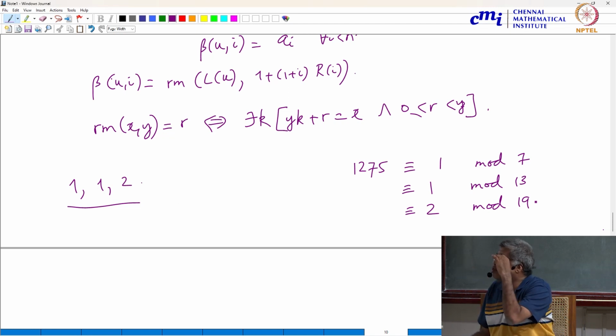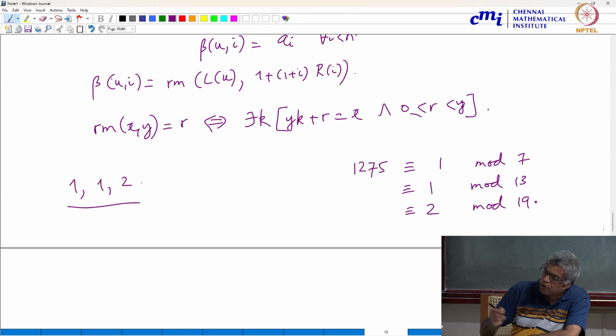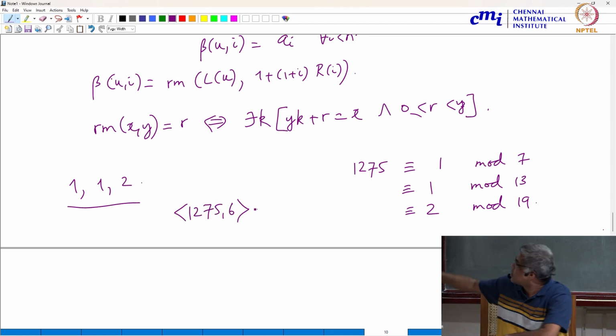It is not a unique u. You can find multiple u's. One particular u that works is, remember that you have to do 1275, 6. Because 7 is 1 plus 0 plus 1 into 6. Okay, because that's what I have written, right?